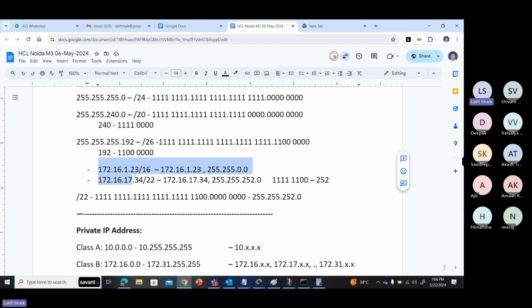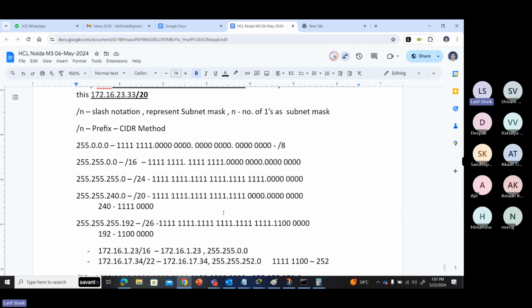This is an example I gave: 170.16.1.23/16. It means 255.255.0.0. Slash 22 means this is the IP address and this is the subnet mask. So slash 22 means 22 ones are there.